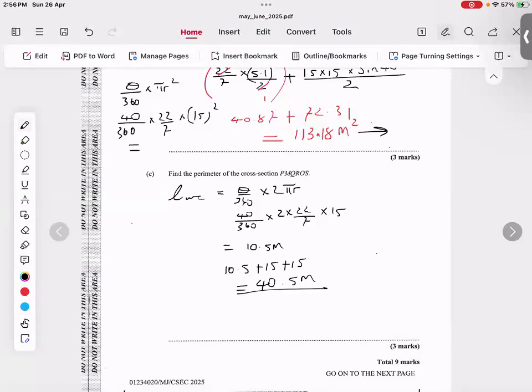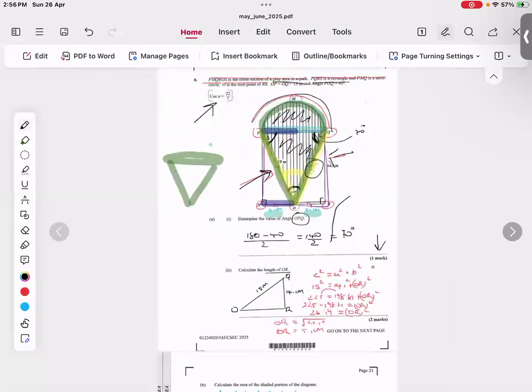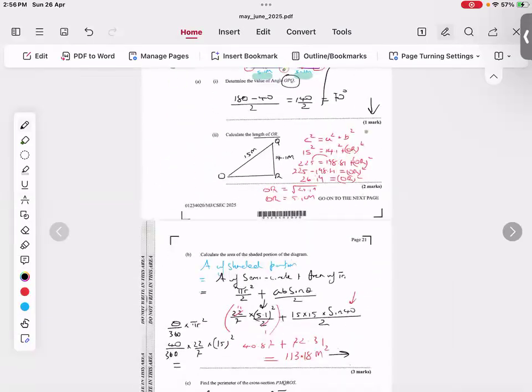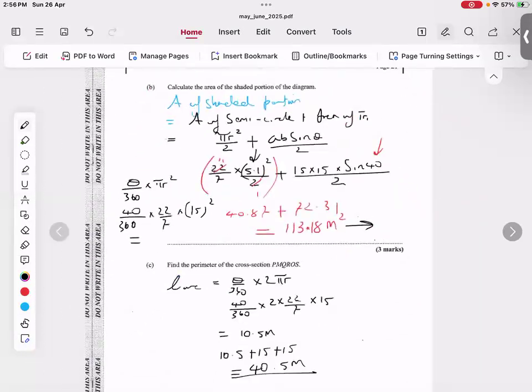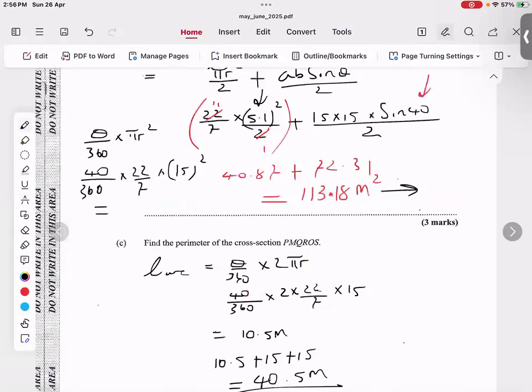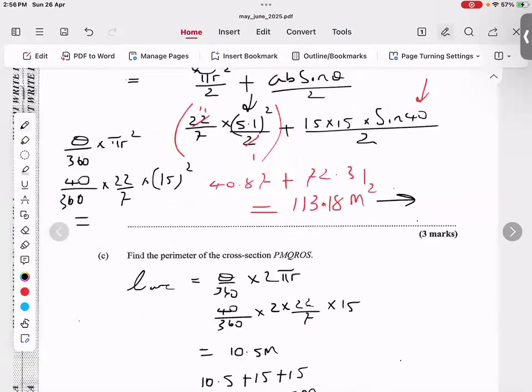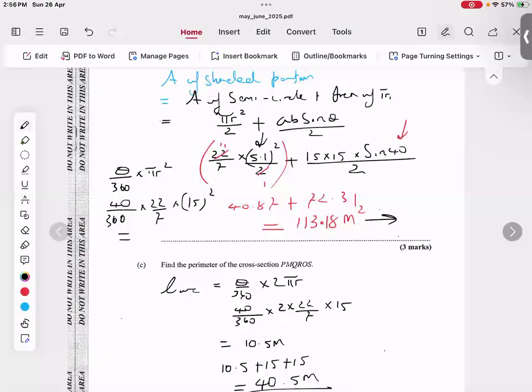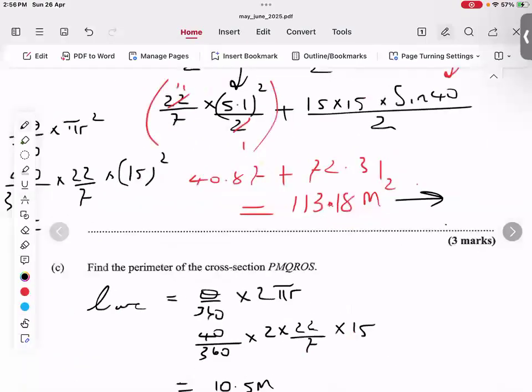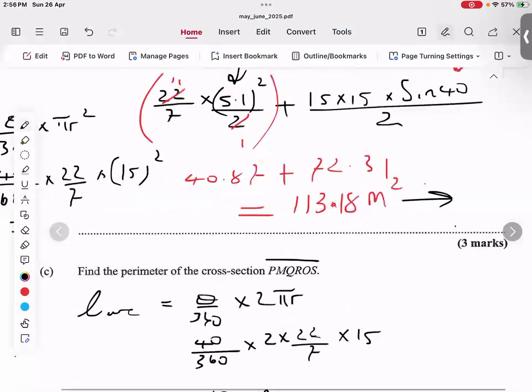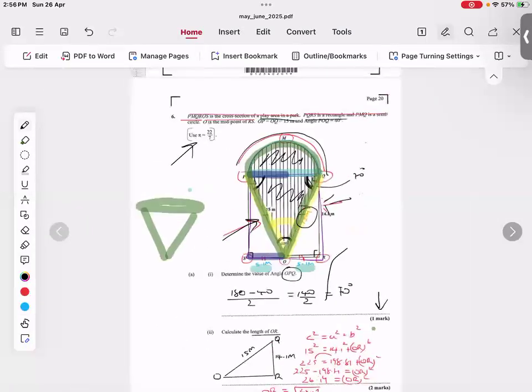No. It says the perimeter of the cross section. But hold on there. Did I rush the question too much? Oh Jesus, Miss Gentles, we are finding the perimeter for the wrong thing.